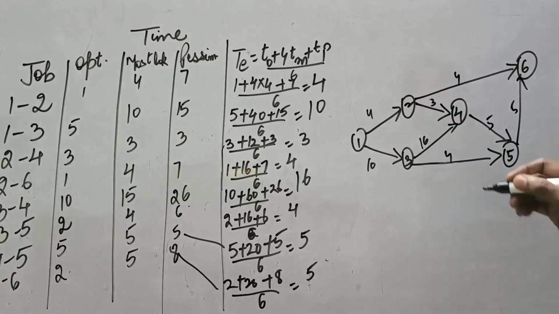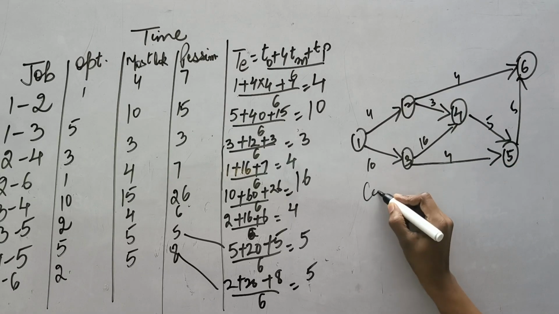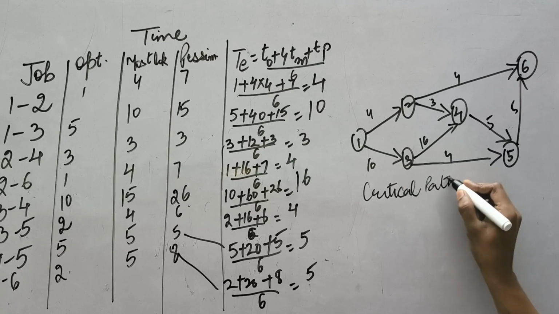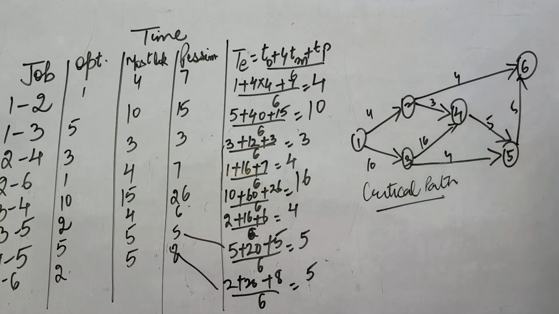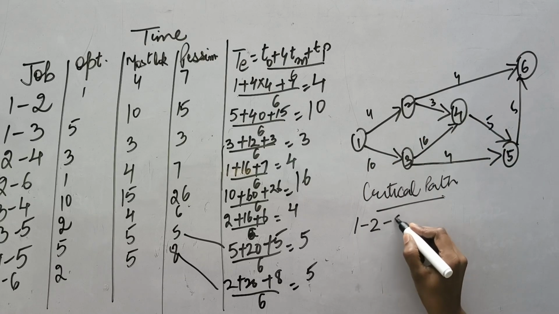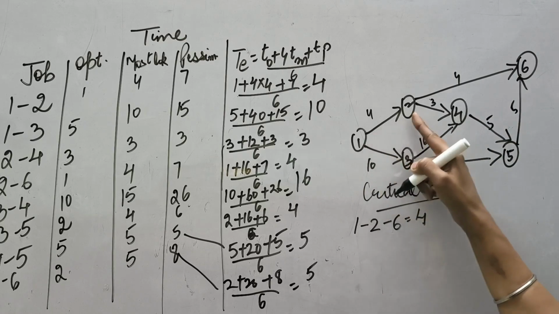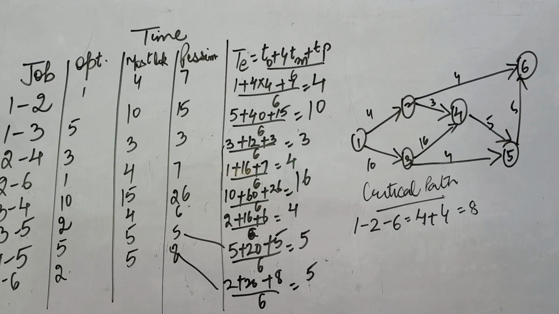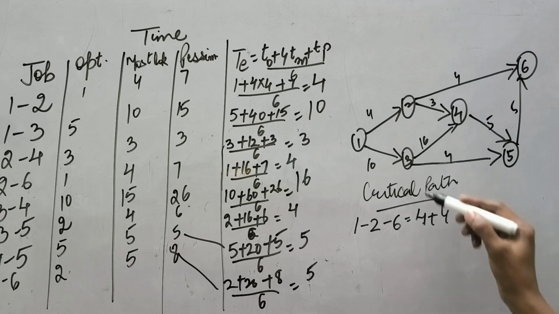Now we can just go ahead with calculating the critical paths, CPM. So critical paths can be from 1 to 2, 2 to 6. So from 1 to 2, 4 days, 2 to 6, 4 days. So the first path can be completed in 8 days.